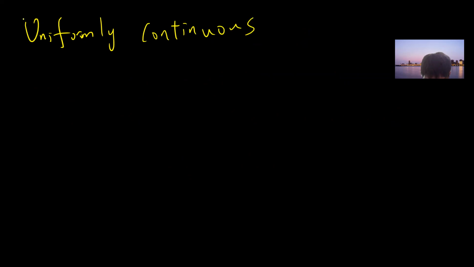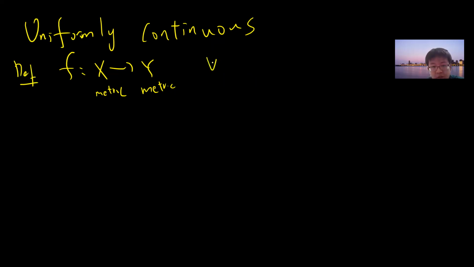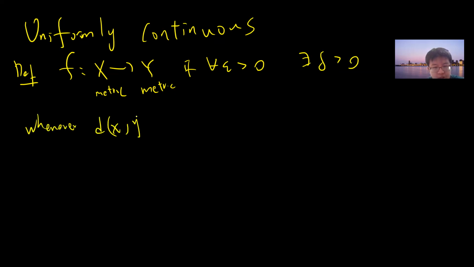Okay, now let's talk about another topic called uniform continuity. Suppose f is a function between two metric spaces, from X to Y. We say f is uniformly continuous if for every epsilon greater than 0, there exists delta greater than 0 such that whenever the distance d_X of x and y is less than delta, we have d_Y of f(x), f(y) less than epsilon.